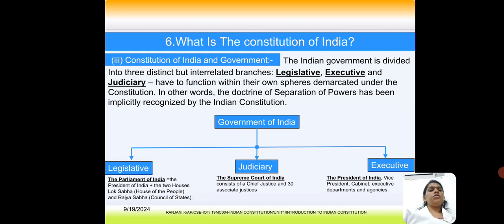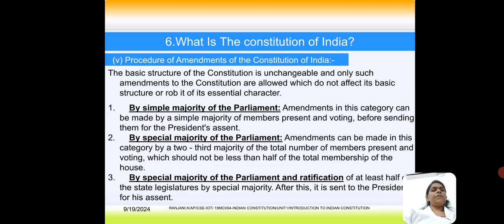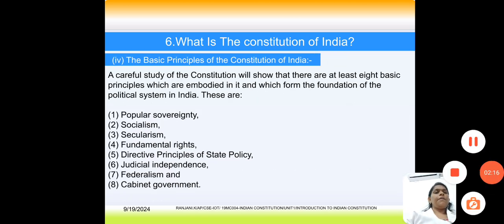The judiciary is the Supreme Court of India, consisting of the Chief Justice and 30 Associate Justices. The executive is the President of India, Vice President, Cabinet, and executive departments and agencies. The basic principles of the Constitution are popular sovereignty, socialism, secularism, fundamental rights, directive principles of state policy, judicial independence, and cabinet government.